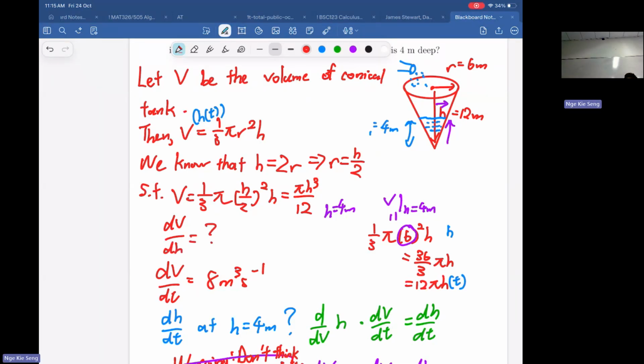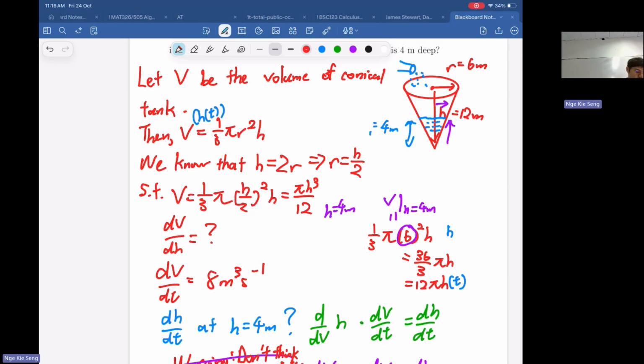So maybe you will ask a question, how do I get h equals 2r? Do you know how to get it? Maybe in high school, the teacher will tell you that, because h equals 12 meter and r equals 6, so h equals 2 times r. Is it what you do in high school? You have this kind of question in high school. I think I did it before in high school.